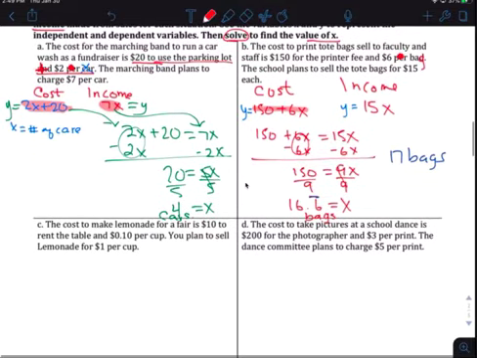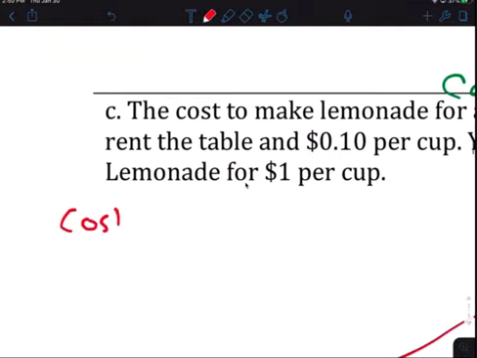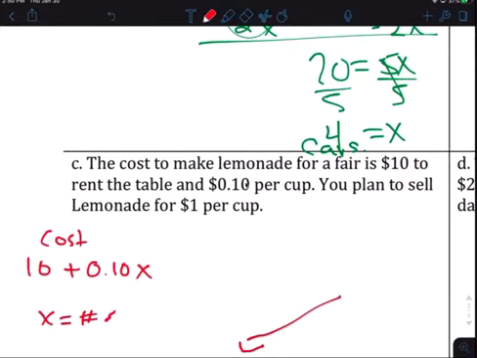Okay, now letter C, we have cost and income. Cost here for the lemonade is $10 and 10 cents per cup. X is the number of cups, 10 per cup. And you plan to sell it for $1 a cup.